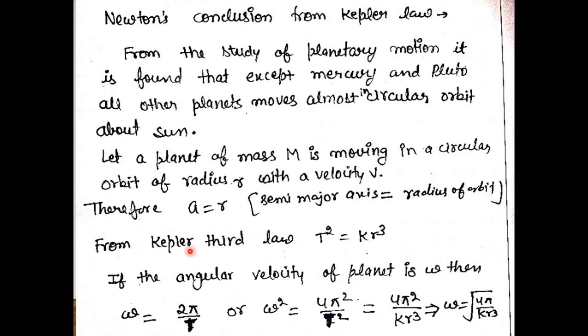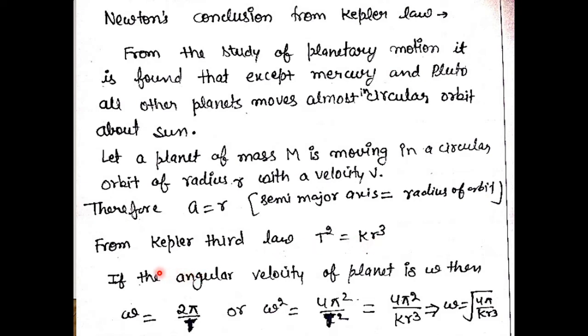So we can write from Kepler's third law. As we know, Kepler's third law is T square directly proportional to a cube. Here we put T square proportional to r cube, and k is the constant of proportionality. So we will write T square equals k r cube.